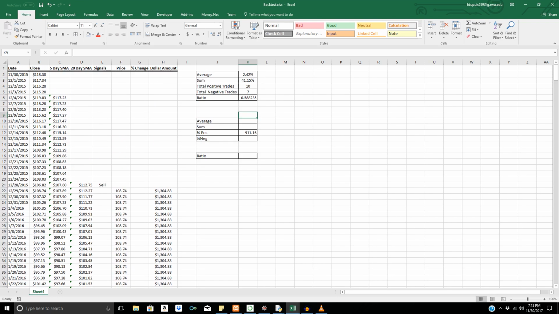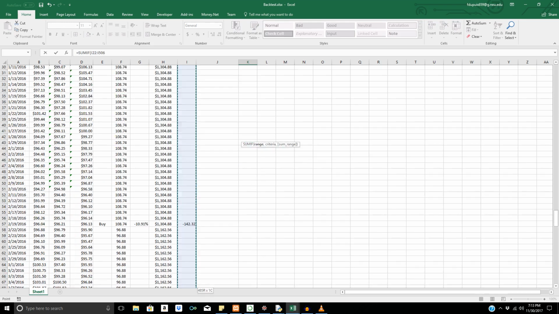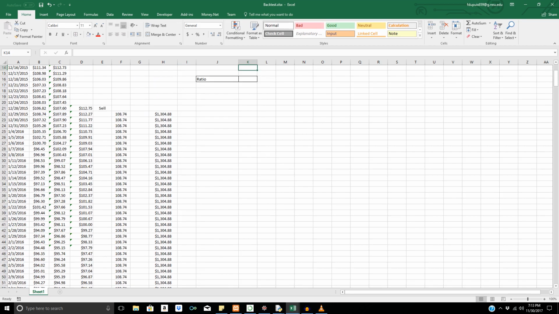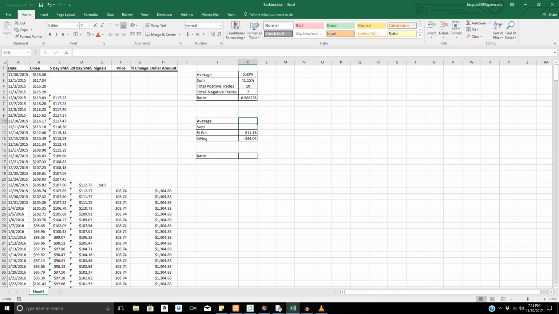So $911 we had with all the positive trades, and equals sum if less than 0. And that checks out there. We don't need an average for this.